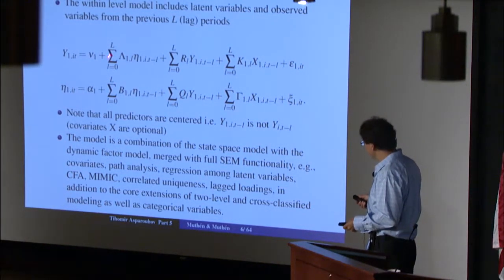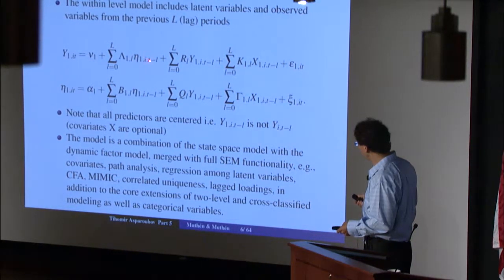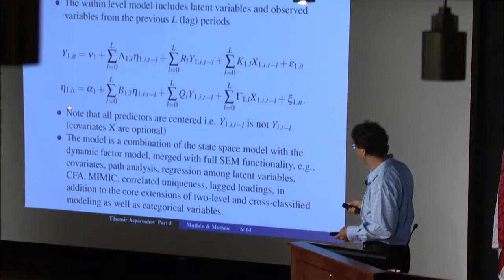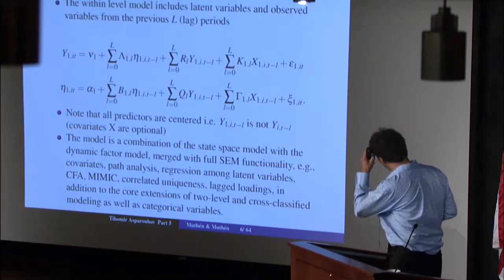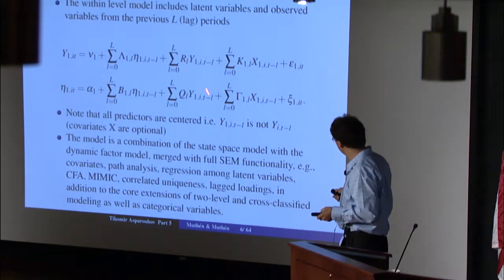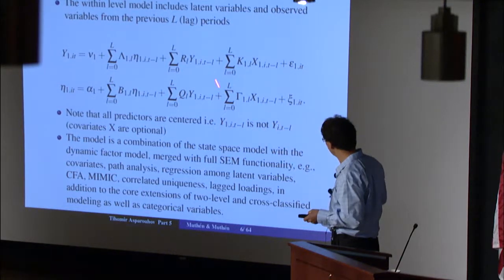This is why we have this sum, so that any latent variable in the previous L periods, the index t minus L, can participate as a predictor for the dependent variable at the current time point. One thing to note right off the bat is that when you have y variables on the right-hand side, that is not the observed y, but the centered version.